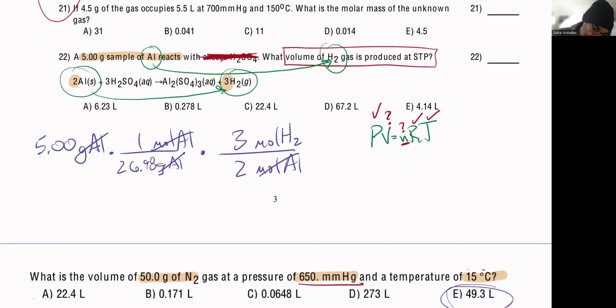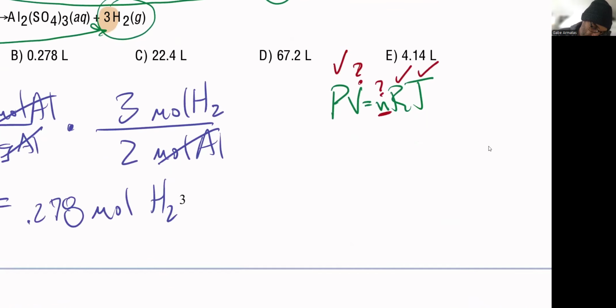Moles of aluminum cancels, leaving behind moles of H2. And off we go. So 5 divided by 26.98, enter, times 3, enter, divided by 2, enter, 0.278 moles of hydrogen, which now is going to get plugged in over here.